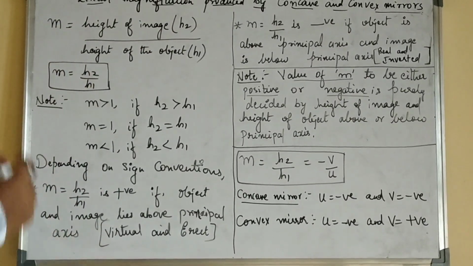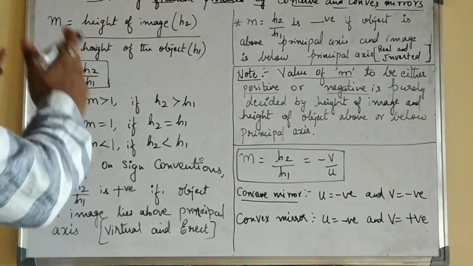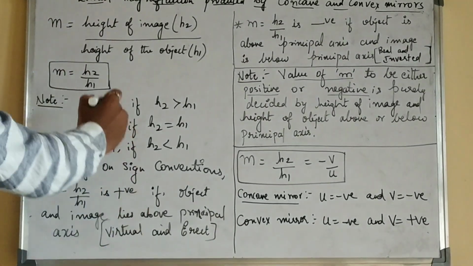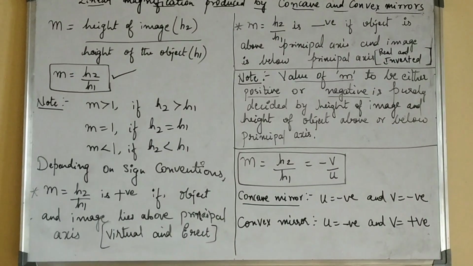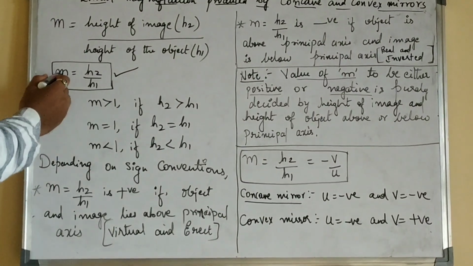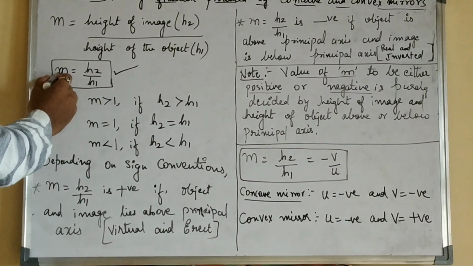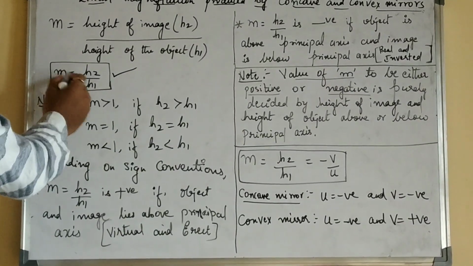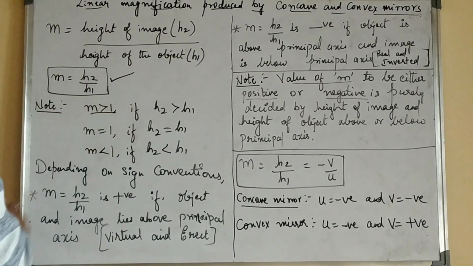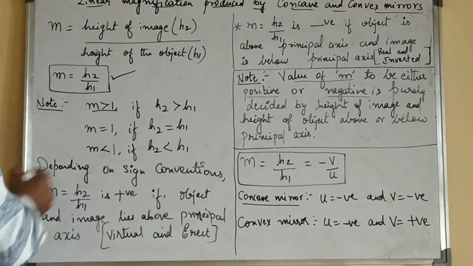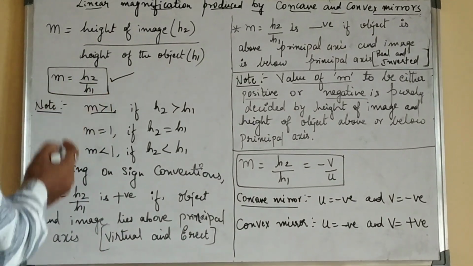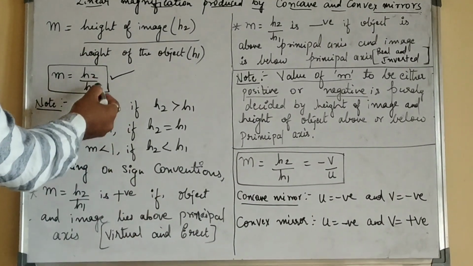Now, what are the important observations that we can make from this formula? Suppose in the LHS you have the magnification factor m. If m has to be greater than 1, which means numerator should be greater than denominator.